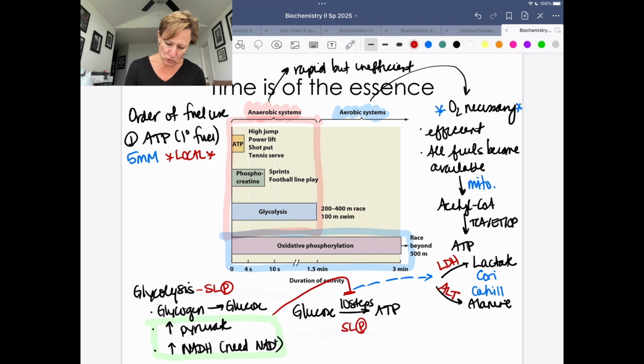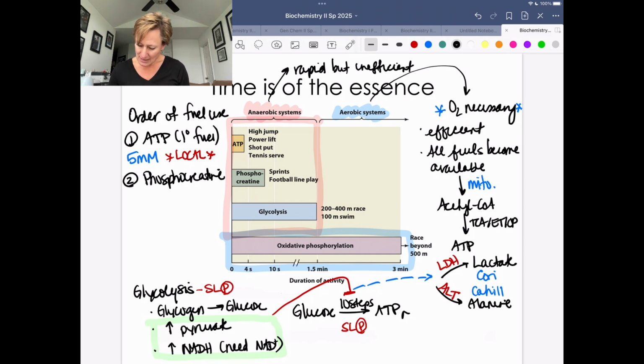So the next fuel source that we can utilize is phosphocreatine. I'm going to highlight what happens here. I'm going to go down to the bottom part of my slide here. This is another way to make ATP very quickly by substrate level phosphorylation: we can use phosphocreatine.